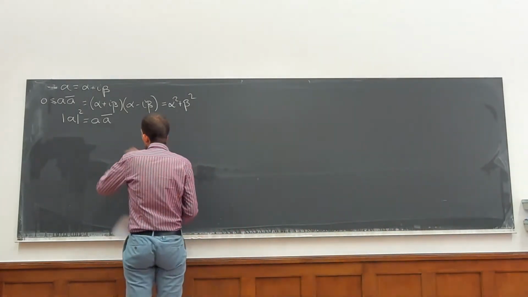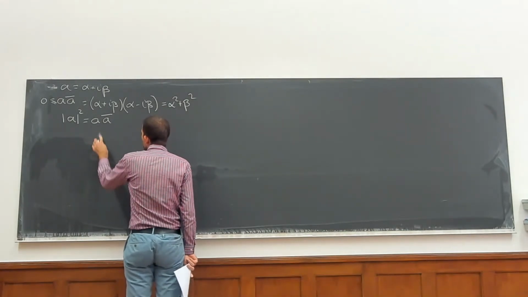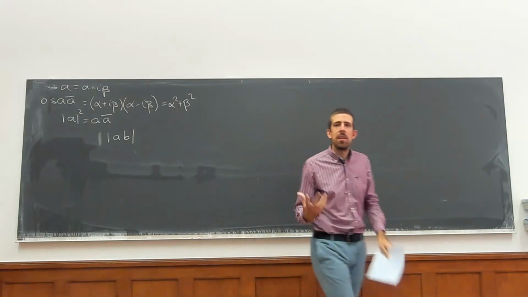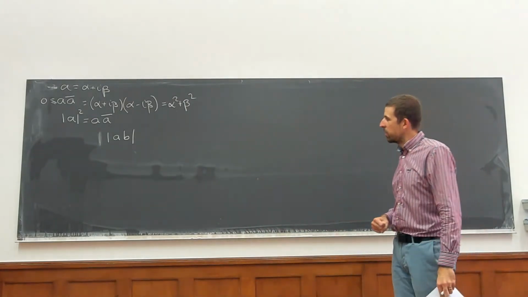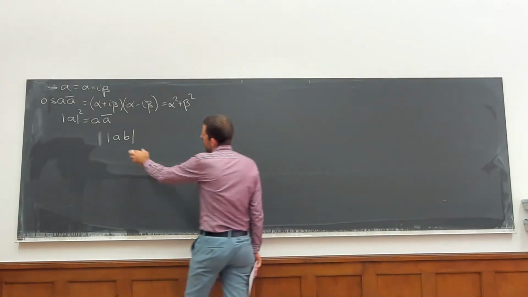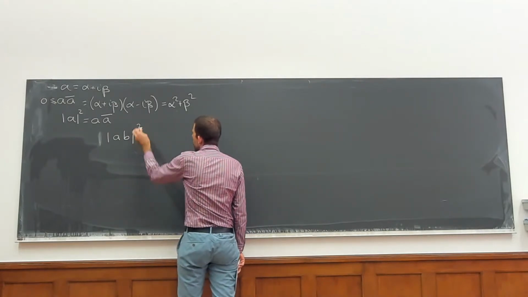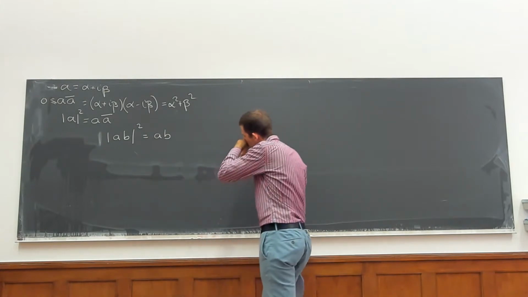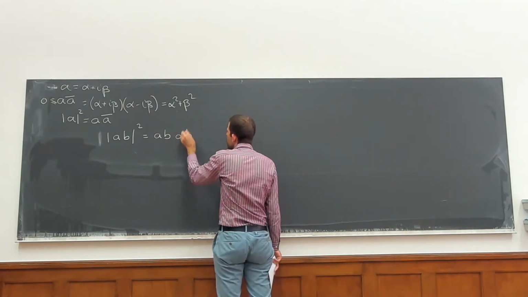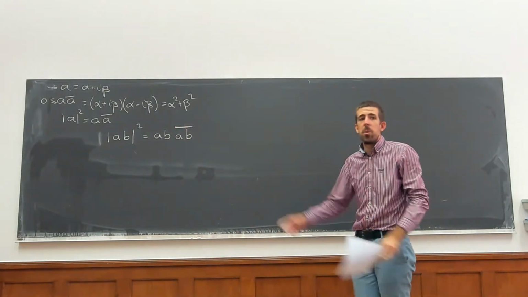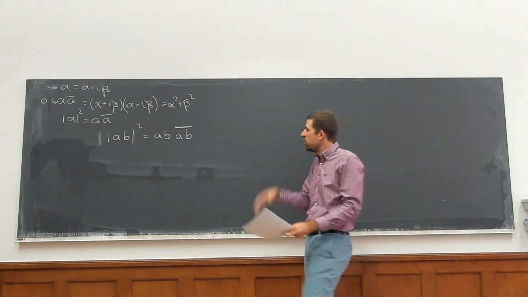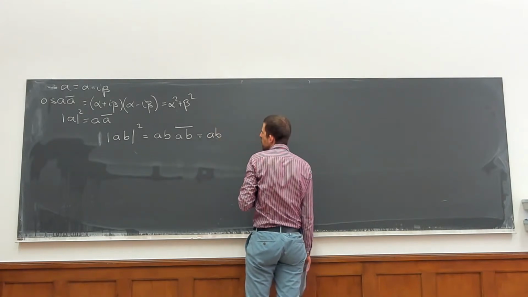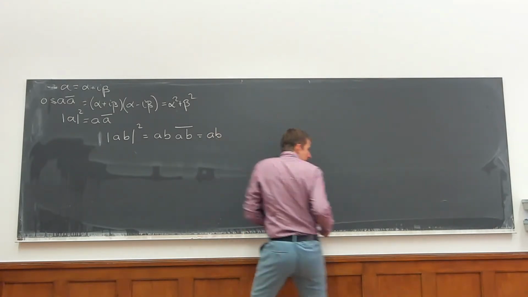And of course, now what may not be as obvious, and it sort of shows how nice the theory of complex numbers is, is that if I take now the norm of AB, say squared, what do I get? I get AB times AB conjugate. Remember, complex numbers commute, so I can change the order as I want.